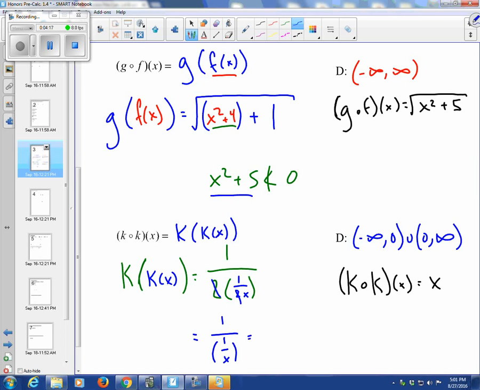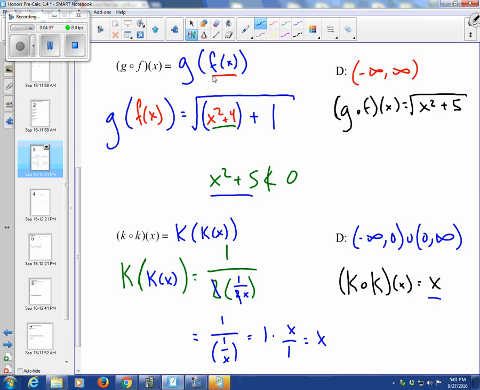And now right here, a division of a fraction is equal to a multiplication of the reciprocal, so that's 1 times x over 1 over x. So right here, k of x simplifies down to just x on the domain from negative infinity to 0, union with 0 to positive infinity.